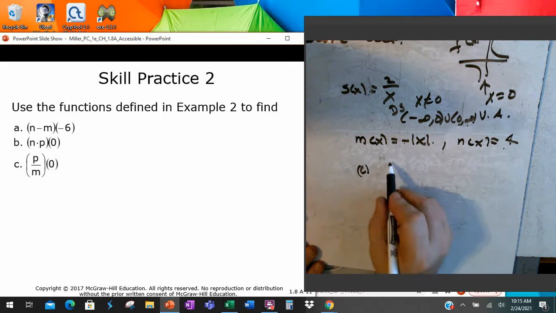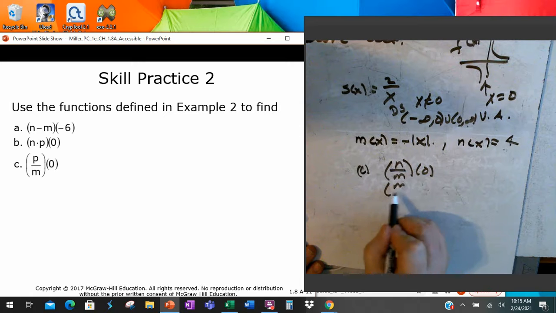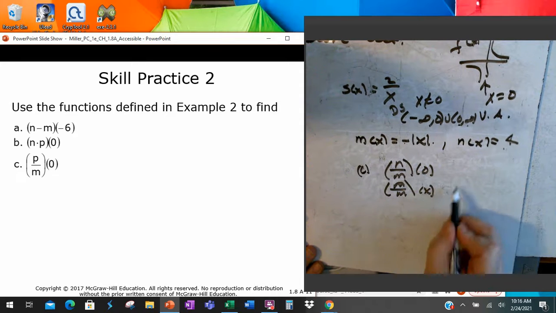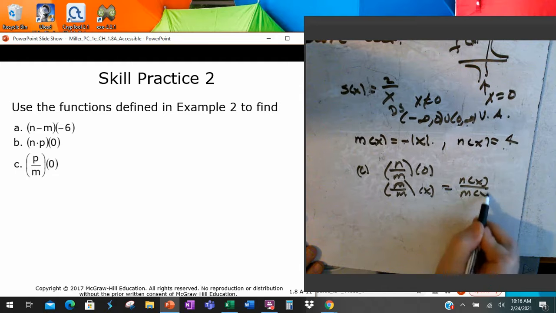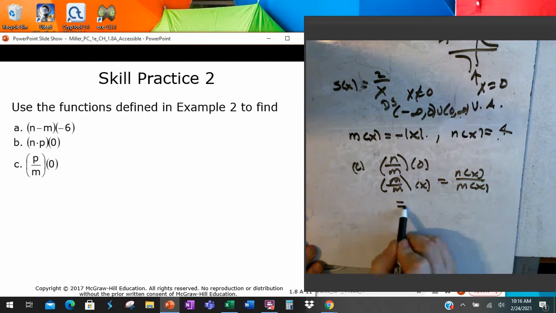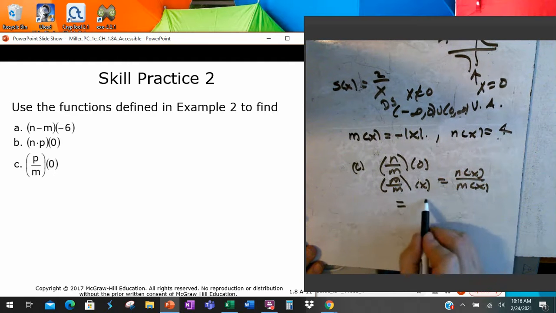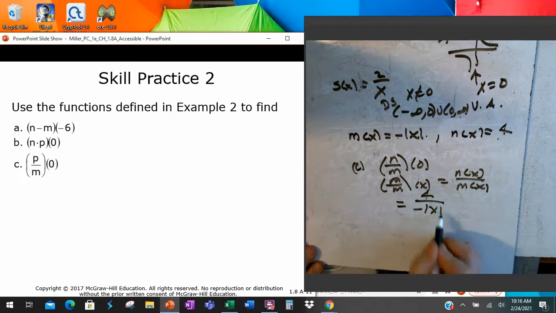And again, let's do that switch. N over m of 0. So let's form n over m of x. And that's n of x divided by m of x. N of x is 4 divided by minus the square root of x.